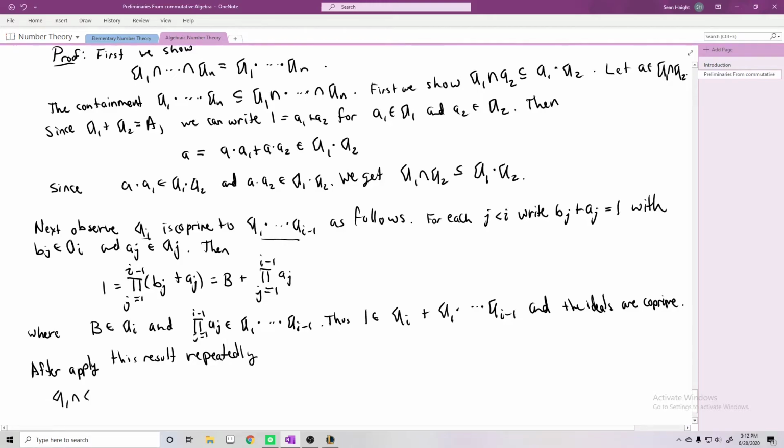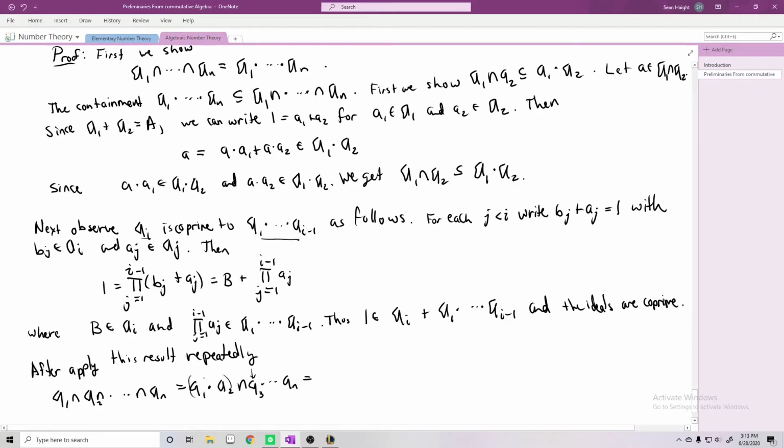If I take this intersection, I know that the intersection of the first two is equal to the product of the first two, intersect A3 through AN. And then I apply this result for this ideal and this ideal.